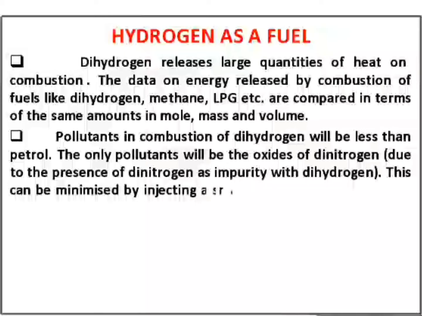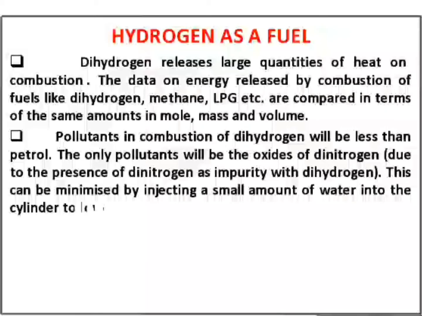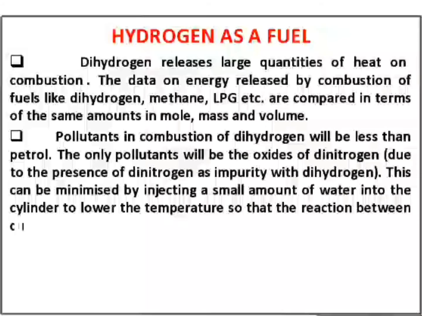Because hydrogen is not 100% pure, it mixes with nitrogen. So the hydrogen fuel is a mixture of hydrogen and nitrogen. If nitrogen is present as an impurity, then on combustion the nitrogen oxide will be produced. This nitrogen oxide is the only pollutant.